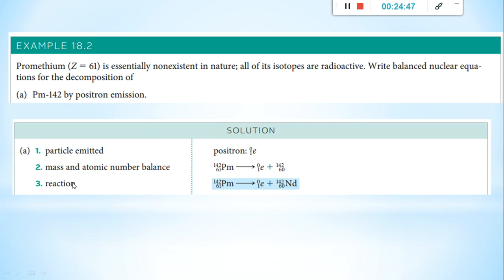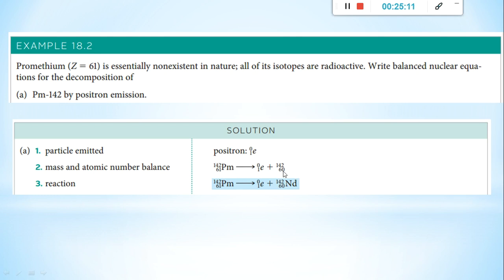The second step is we need to balance the mass and atomic number. So 142, 61 will yield a positron plus the same 142 as the mass number. But for the atomic number, we have 60.